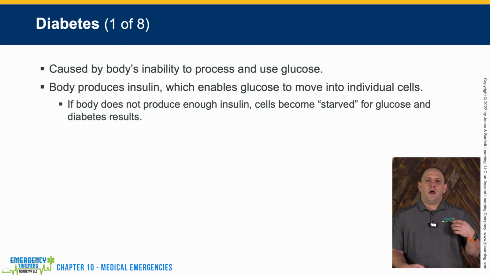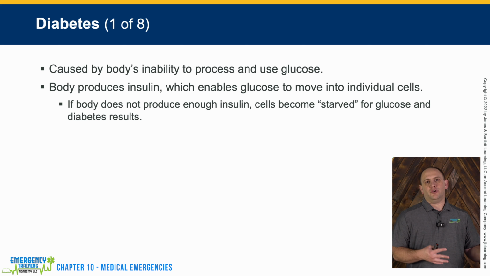Diabetes is another very common disease in the United States. It is caused by the body's inability to process glucose effectively. That inability to process glucose normally comes from a reduction in the production of insulin.